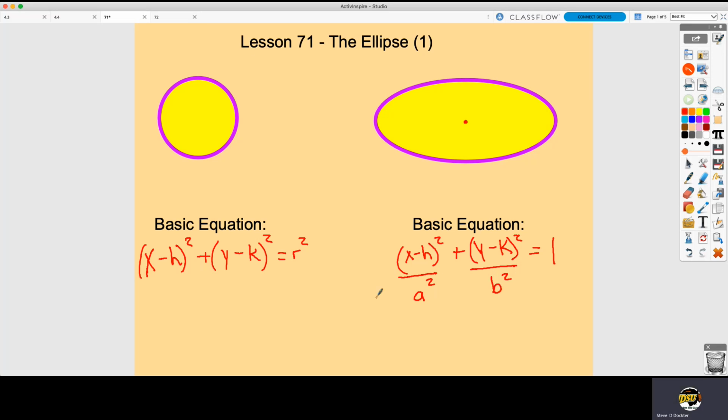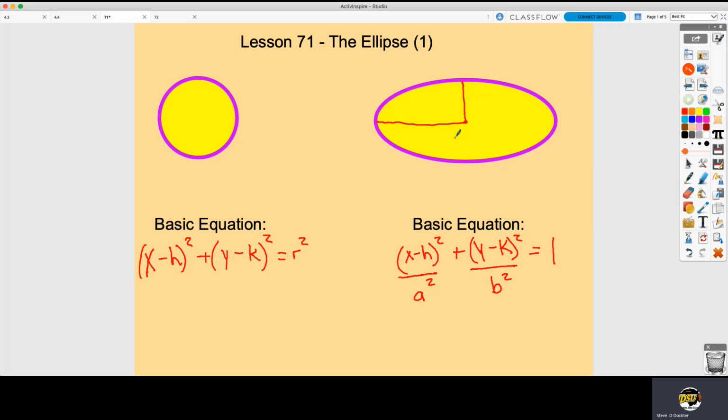Now, that a and that b are important because our a measures from the center to the outer edge horizontally. So you can either go from the center to the left or the center to the right. And our b would be from the center to either the top or the bottom.